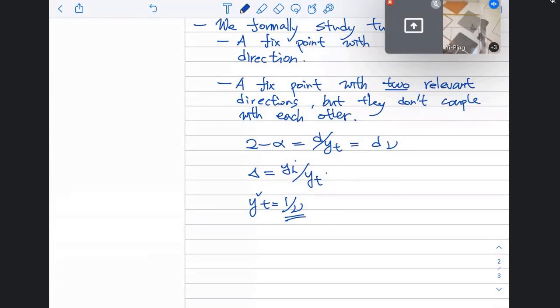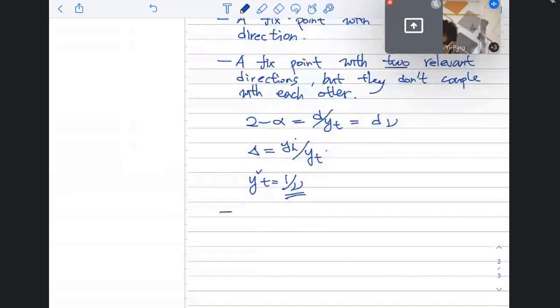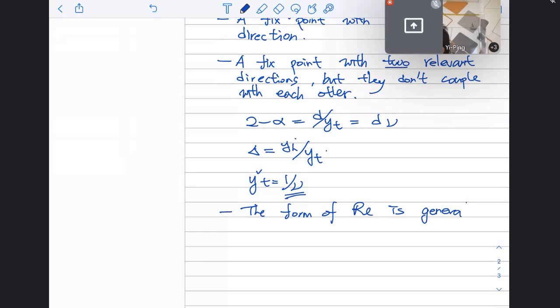At this point, we are making a very general assumption about the form of RL in our last week's derivation, and today we are going to use a model to really see how this changes.